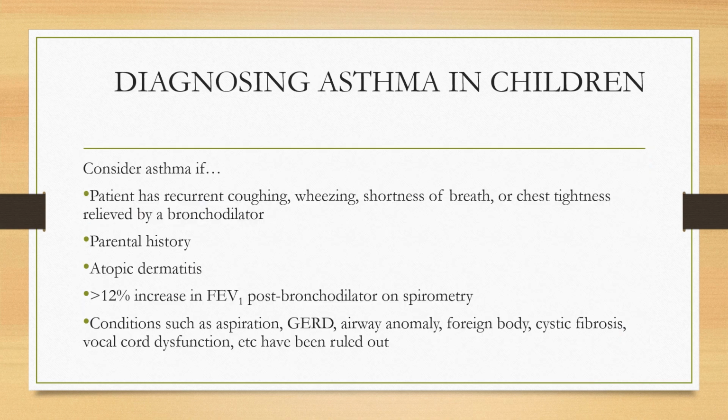So how do we diagnose asthma in children? I want to first say that many children have been misdiagnosed as having asthma when they don't have asthma, so you really have to be careful. Some of the telltale signs of asthma in a child are coughing, wheezing, shortness of breath or fast breathing, and chest tightness.